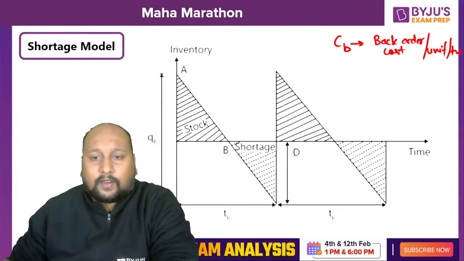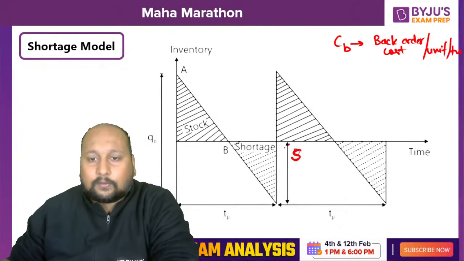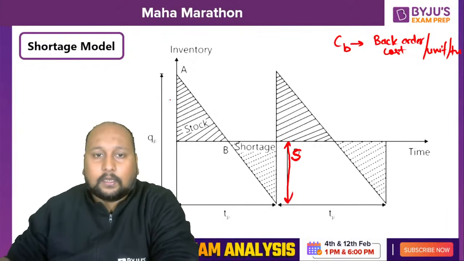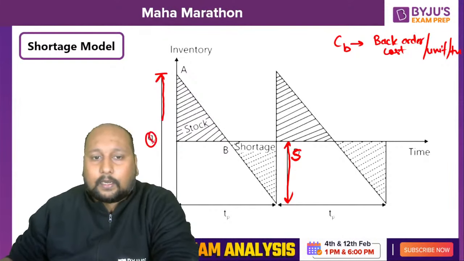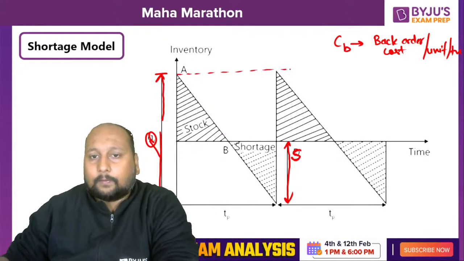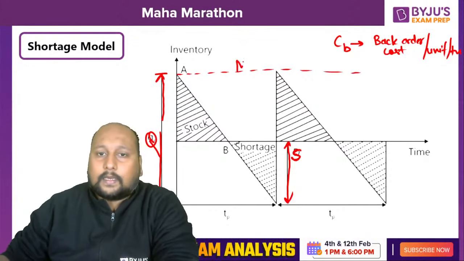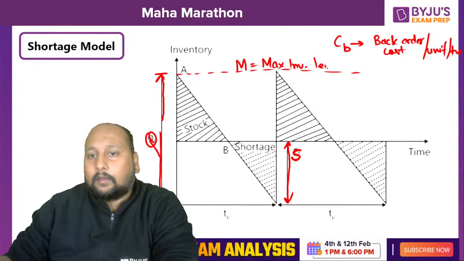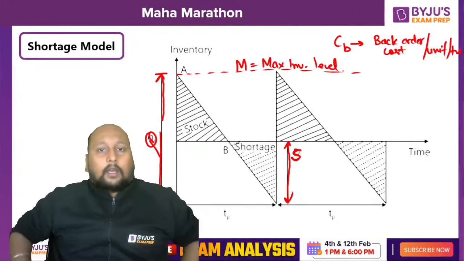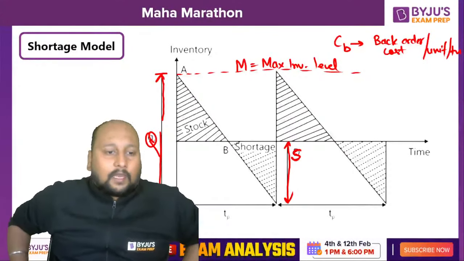So let us suppose this is capital S, from this point to this point is capital S, from this point to this point is capital Q, right? And this is the maximum inventory level, let's say M. So over here, can you tell me how many costs will be introduced?